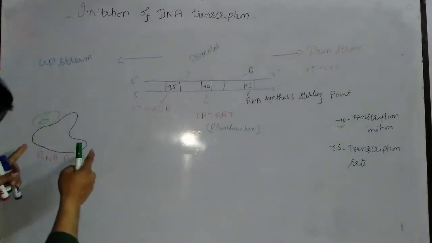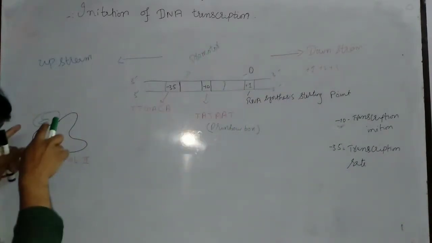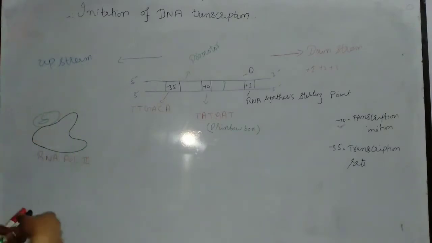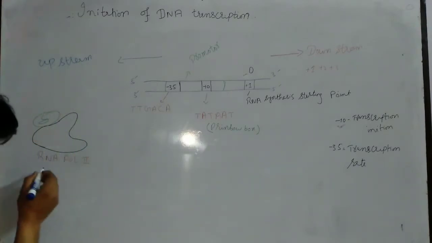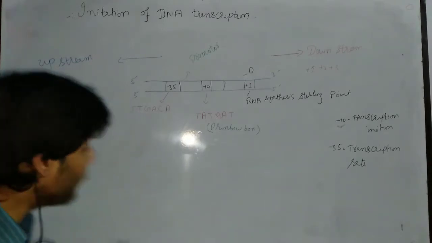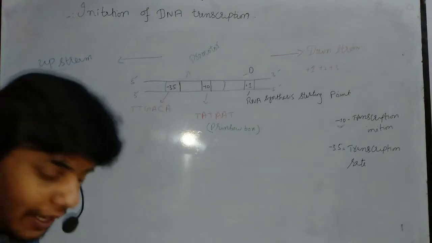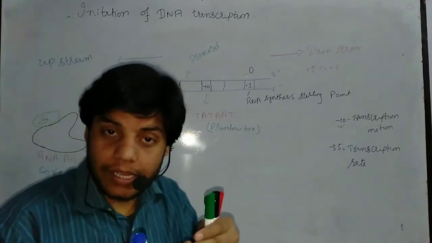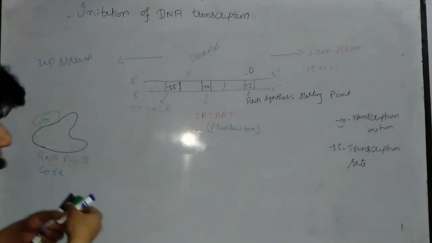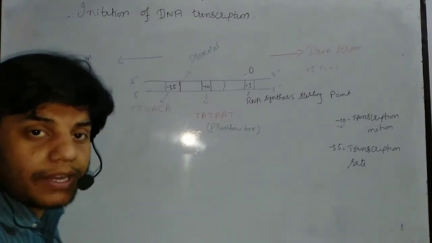And remember, without the sigma factor, this RNA polymerase is called a coenzyme, which is in a deactive form. But when the sigma factor binds with it, this coenzyme is converted into the holoenzyme, which is the activated form of the RNA polymerase 2.